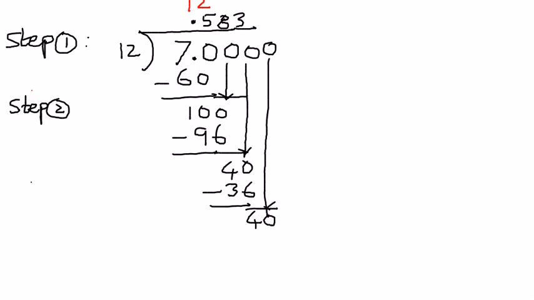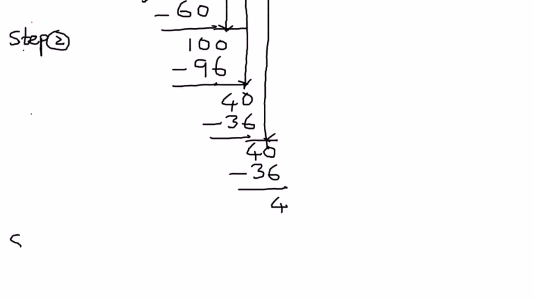Then we repeat our 12 times table. 12 times what number is equal to or less than 40? 12 times 3 is equal to 36, and as we can see, that 3 is going to repeat itself several times, so we can state this as follows.